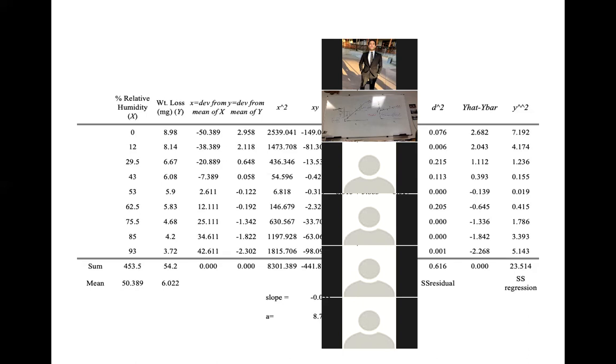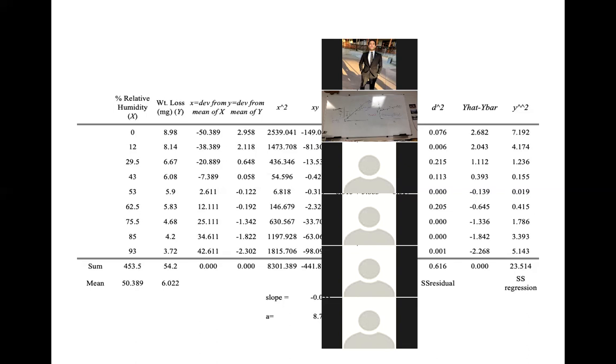So that's sum of squares regression. We choose the points where the observed data are, so that our sum of squares regression is based on the same number of data points as the sum of squares residual. And then sum of squares residual is the distance from the data point to the slope line.